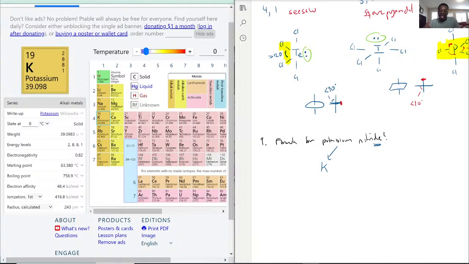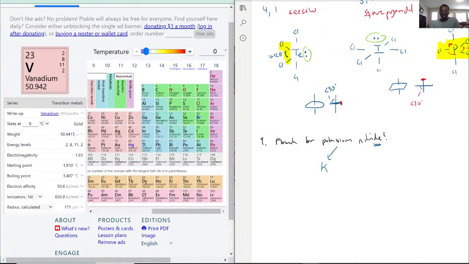The rule is that if it ends in IDE, it's typically just the element by itself. And what element? The nitr part, which is actually just nitrogen. So we have a potassium and a nitrogen. If it was like nitrate, that'd be NO3, which is completely different. That's a different ion. Nitride, we're only dealing with nitrogen ions.